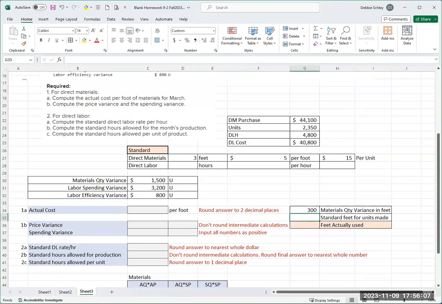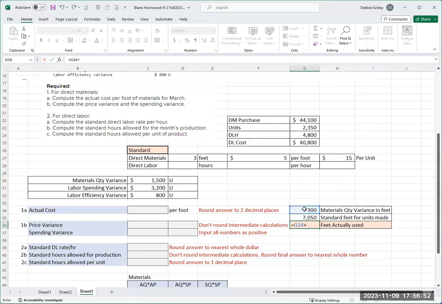My standard feet for the units made is going to be the actual units times the standard number of feet per unit. So this 3 that was in my chart. Okay, so this is my standard, and I had a materials quantity variance unfavorable, which means I used more than I should have. So I will add those two together.